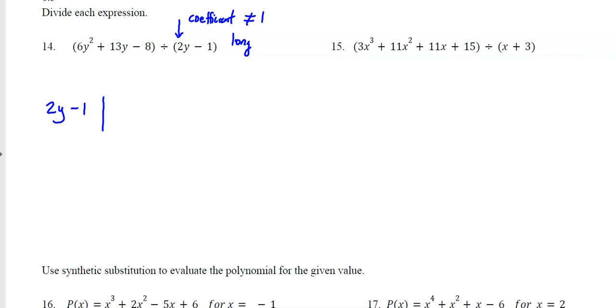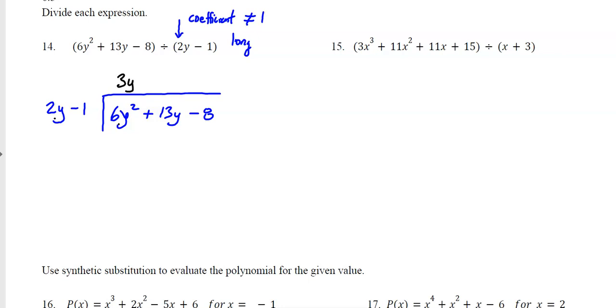2y minus 1 goes into 6y squared plus 13y minus 8. And here's kind of how long division goes. I need to see how many times 2y can go into 6y squared. Or what do I multiply 2y by to get 6y squared? And I multiply it by 3y.